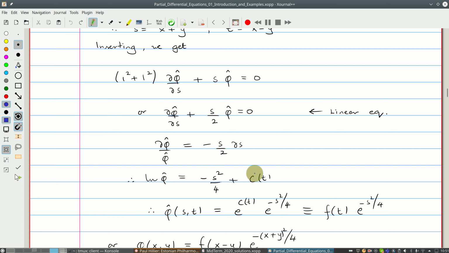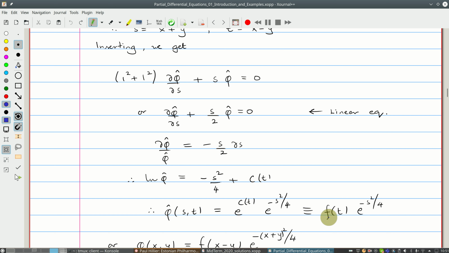It comes from this thing which, in a normal ODE, would have been a constant, a scalar, but here it's not a constant, it's just a function of the other variables. Here we are integrating over s, so this constant is a function of t, the other variable.